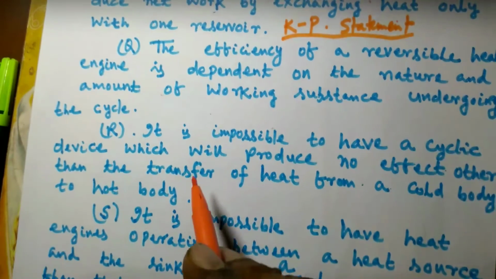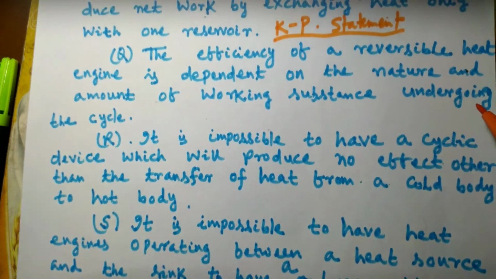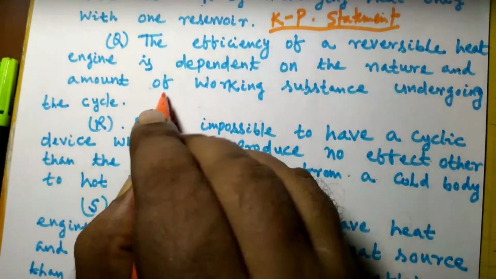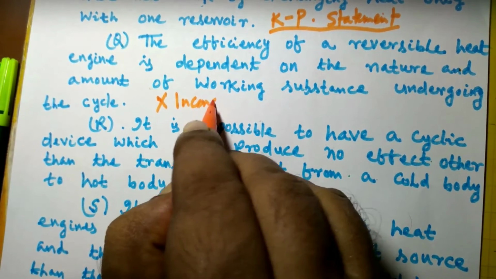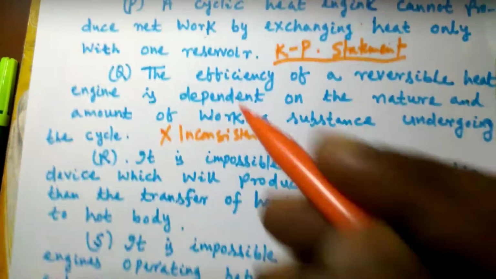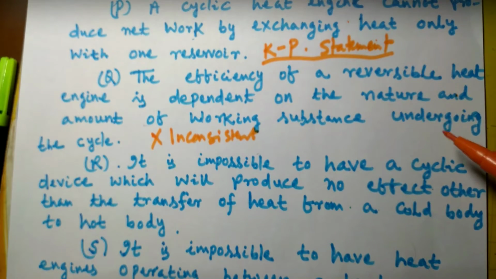And option Q, the efficiency of a reversible heat engine is dependent on the nature and amount of working substance undergoing the cycle. This is actually inconsistent, because according to the corollary of Carnot, in fact the Carnot theorem, the efficiency of a reversible heat engine is independent of the nature or amount of working substance undergoing the cycle, because the efficiency only depends upon the source temperature and sink temperature.